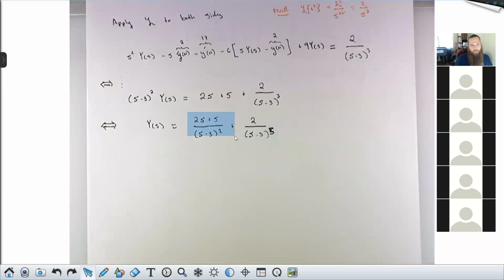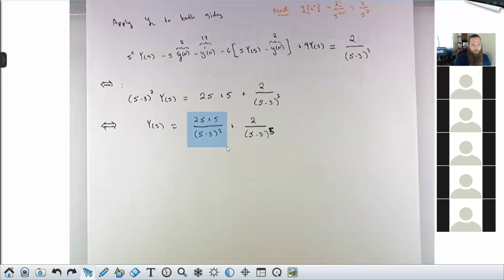To take the inverse Laplace transform of this, I would want to run some partial fractions. Because the degree of the bottom is strictly larger than the degree of the top, and because as is, I can't find the inverse Laplace transform of s over (s - 3)^2, that's not something I can do.